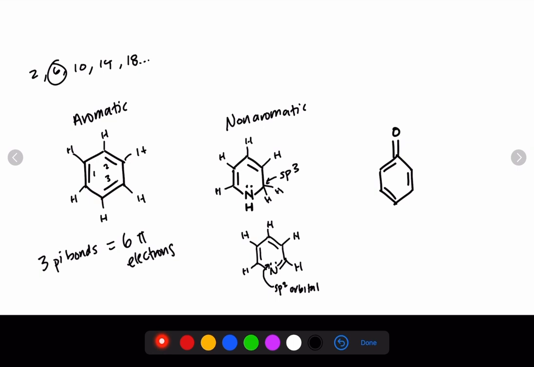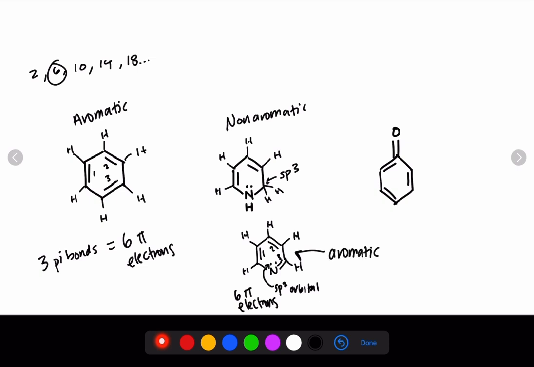So we only have to count pi bonds now. We have 1, 2, 3 pi bonds. And again, 3 pi bonds equals 6 pi electrons that are delocalized in the conjugated loop. Again, just like the last example with the benzene ring, 6 pi electrons does satisfy Huckel's rule, so this molecule is indeed aromatic.